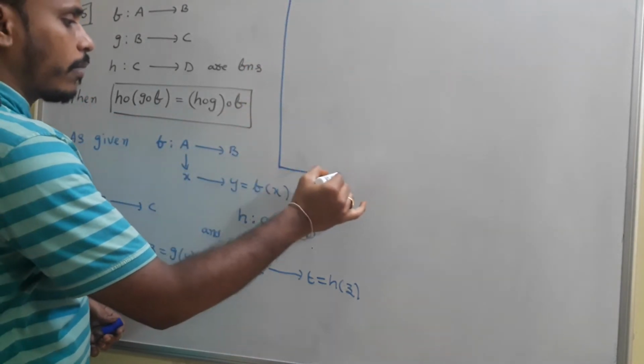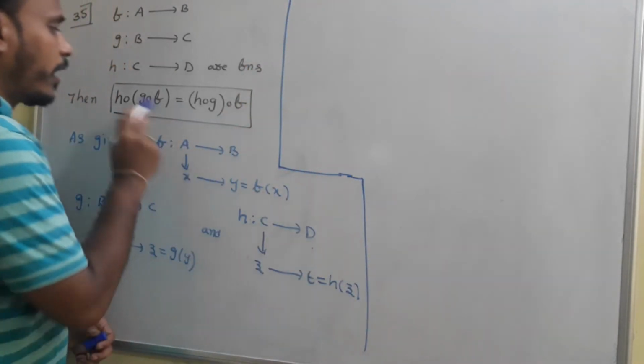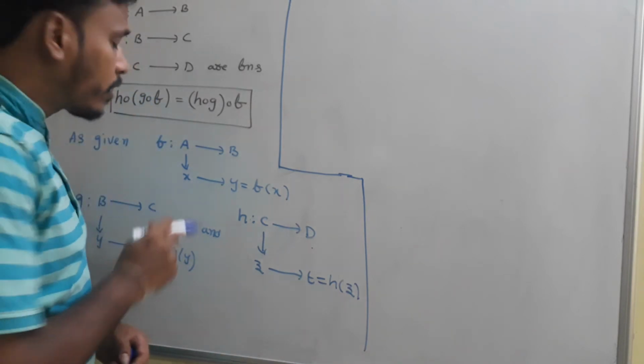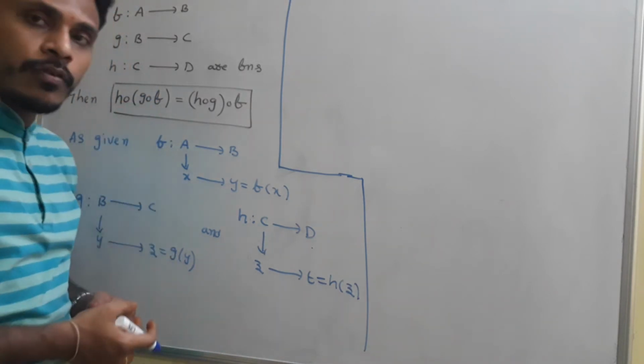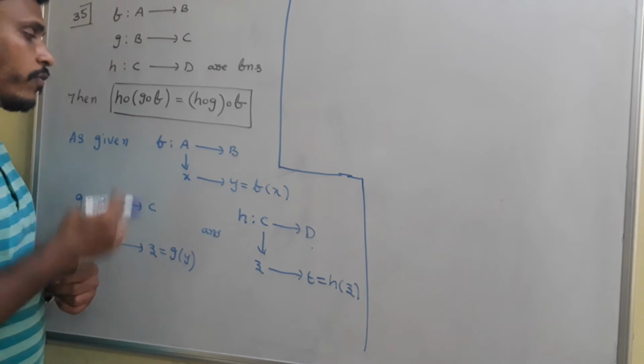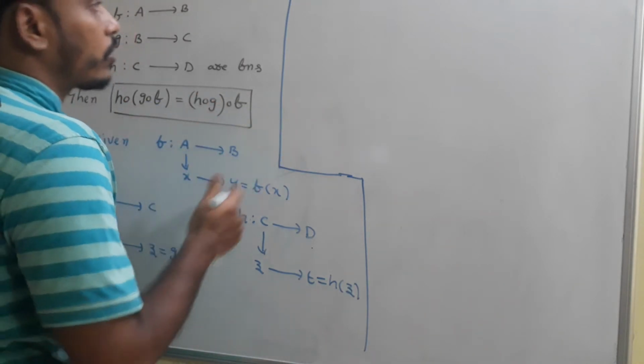First of all, just think about the left side one, h circle (g circle f). Since we need h circle (g circle f), first think about g circle f, then think about h circle (g circle f).